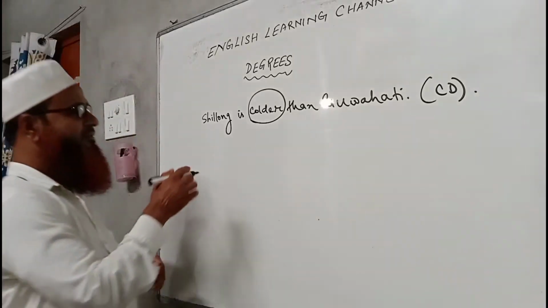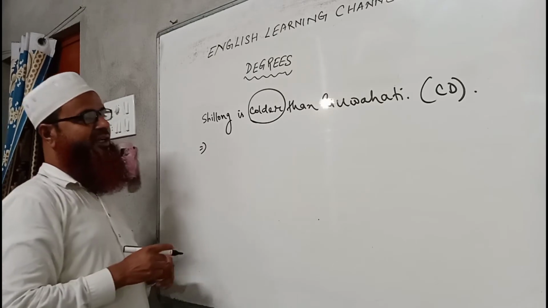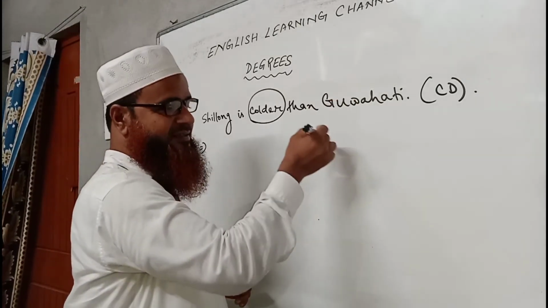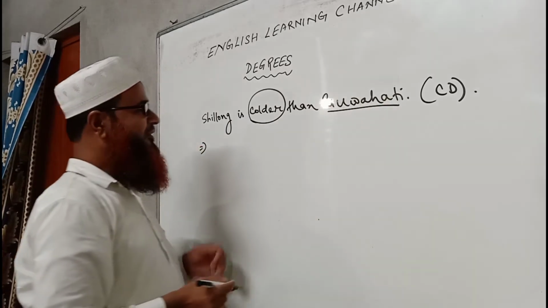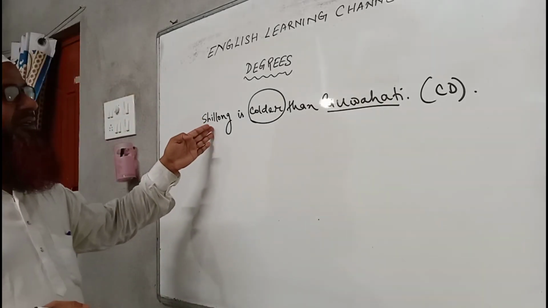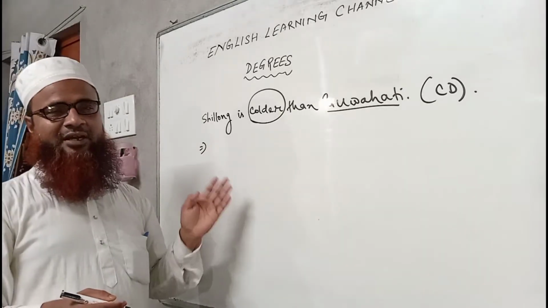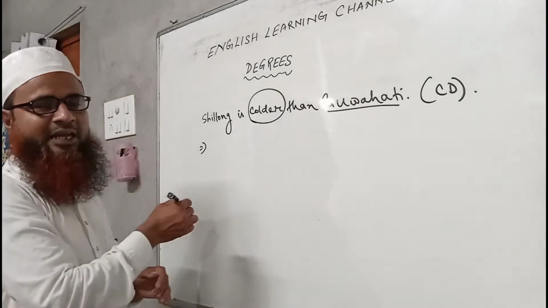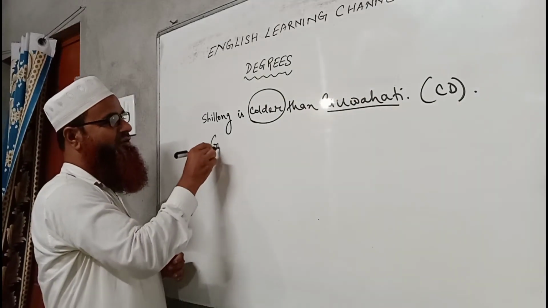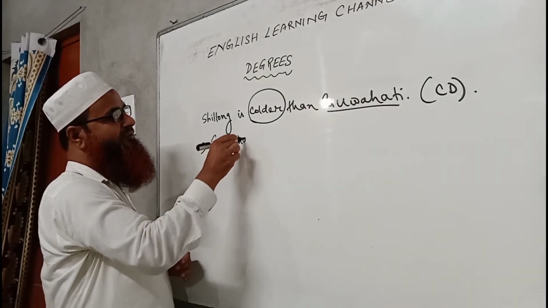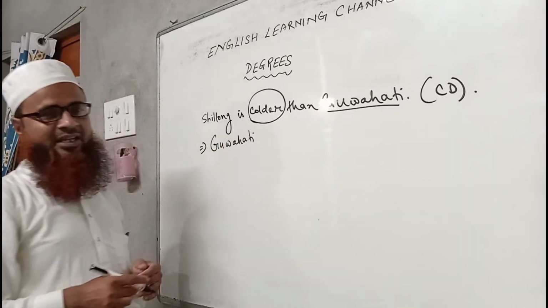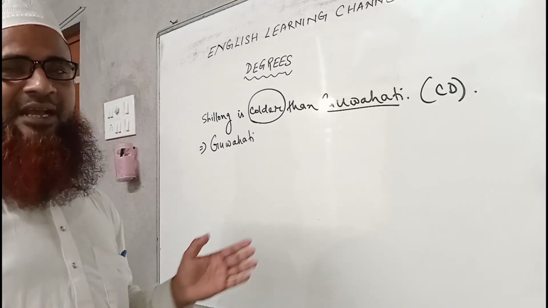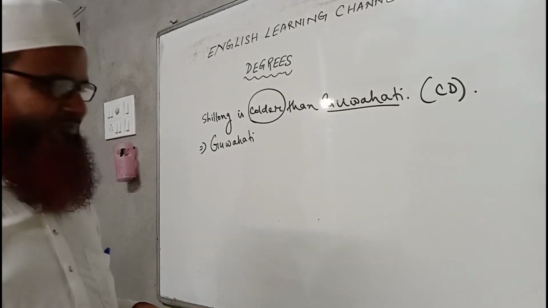If we want to change into positive degree, then we have to change the place of the subject. The subject here is Shillong, and if we want to change it into positive, then we must bring Guwahati to the beginning of the sentence. When we write it in its positive degree, it automatically becomes negative.